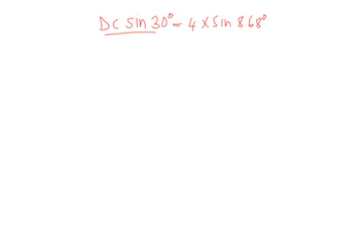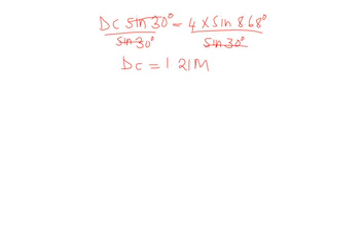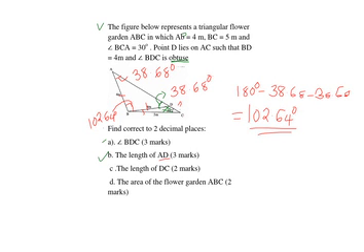We divide by sine 30 degrees on both sides, and therefore the value of DC will be equal to 4 multiplied by sine 8.68 divided by sine 30 degrees, which is equal to 1.21 meters, and that is part C of the question.